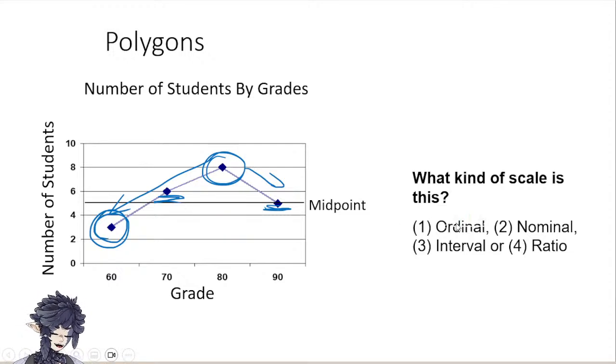Now, we've got this data. It's your grade. Just to review from last time, would you think that this is ordinal, nominal, or interval or ratio data? It's the big question. This is actually a weird, complicated question, because depending on how you interpret it, you might get a different answer.